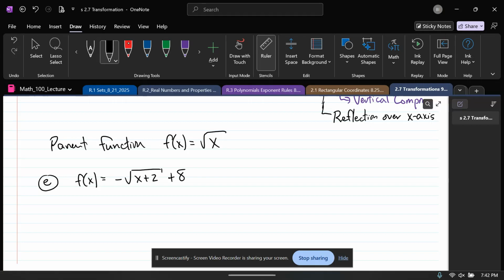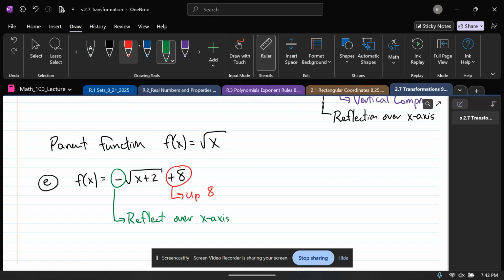Up 8. Yep. That negative, reflect over the x-axis. Good. Yeah. The plus 2 on the inside is going to be left 2.